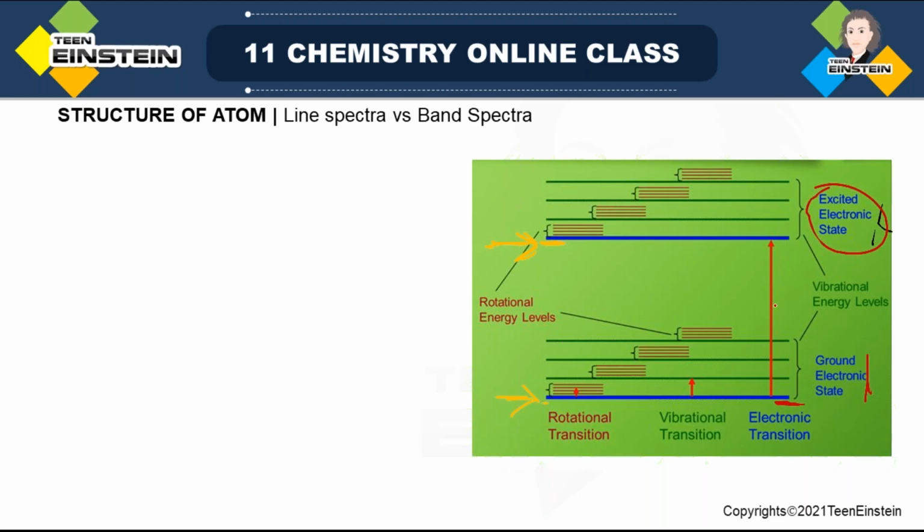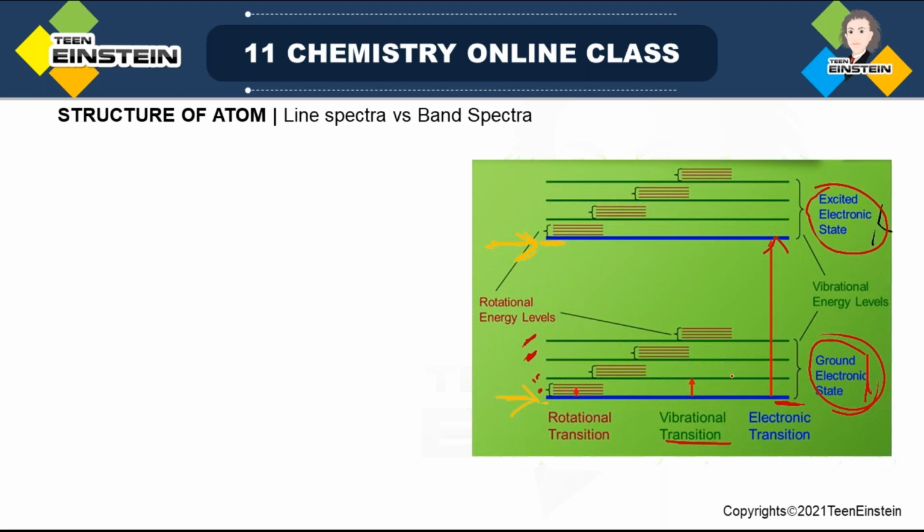This gap, which is denoted by this red colored arrow, is because of this electronic transition, which you see in case of line spectrum or atomic spectrum. Now, if you just focus on this one ground electronic state, within it we have different types of vibrational states, which are shown here by the green lines.